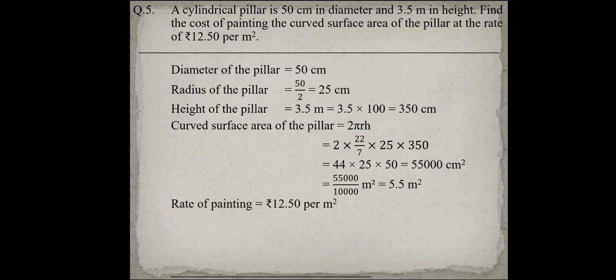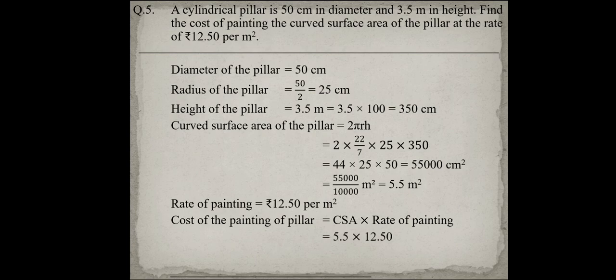The rate of painting is rupee 12 and 50 paisa, which means 12.50 per meter square. So the cost of painting the pillar is curved surface area into rate of painting, equals 5.5 into 12.50, and that equals rupees 68.75. Therefore the cost of painting the pillar is rupees 68 and 75 paise.